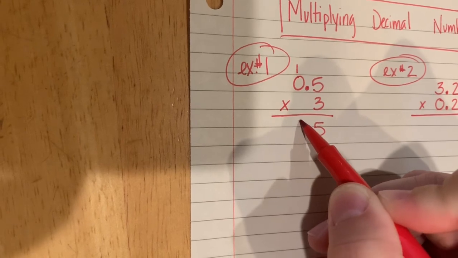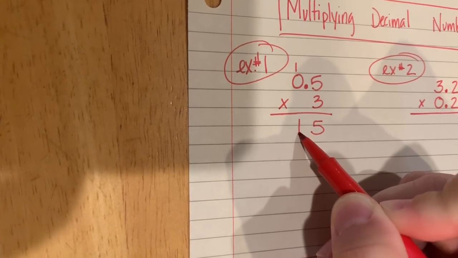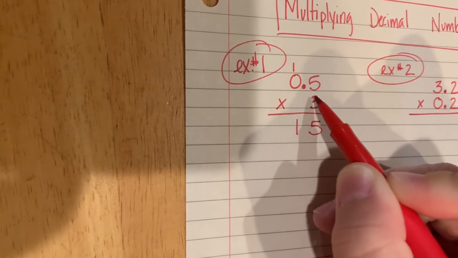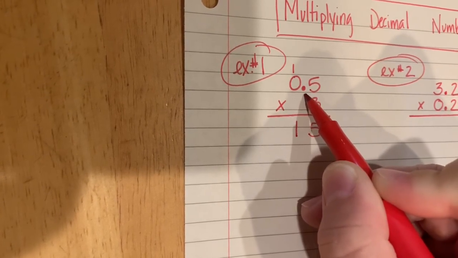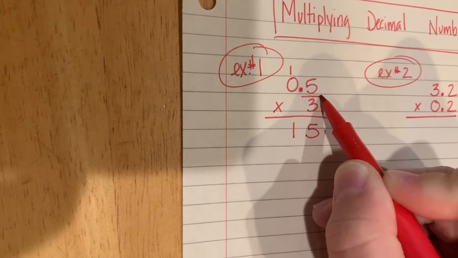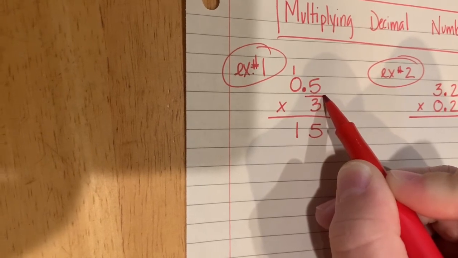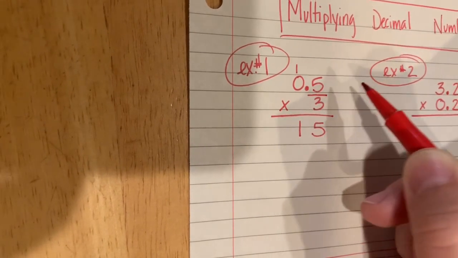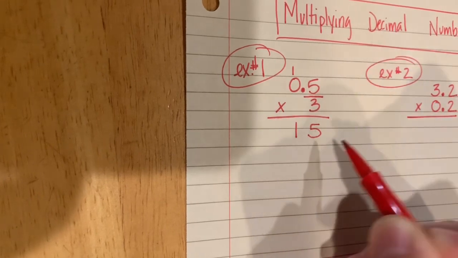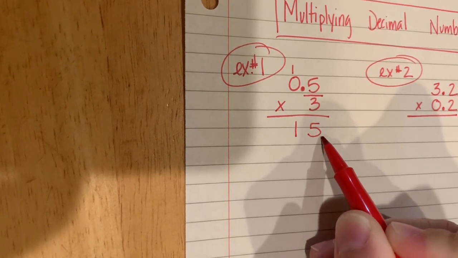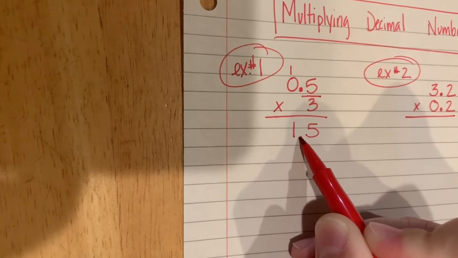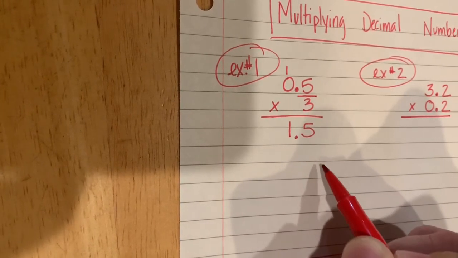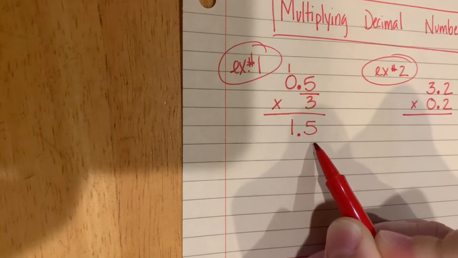Now we can see that we have one digit up above that is to the right of the decimal point. Just 1. So in our answer, the product, we also have to have one digit to the right of the decimal point. So our answer here is 1 5/10.